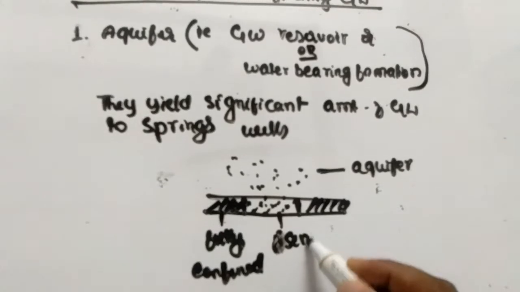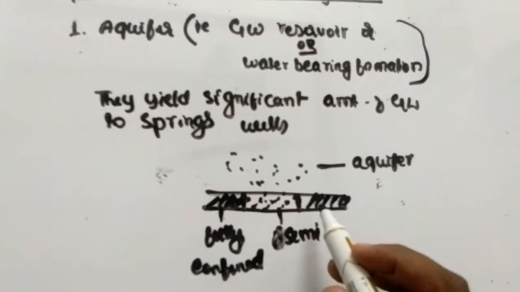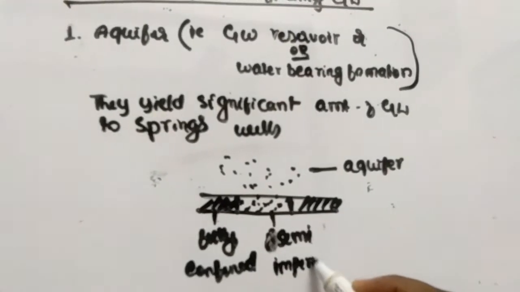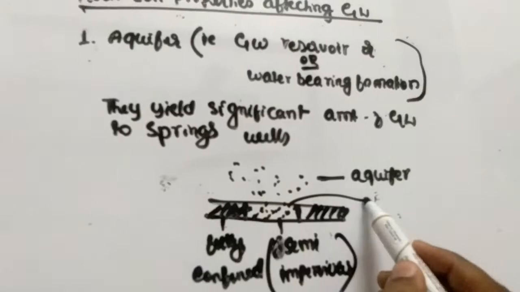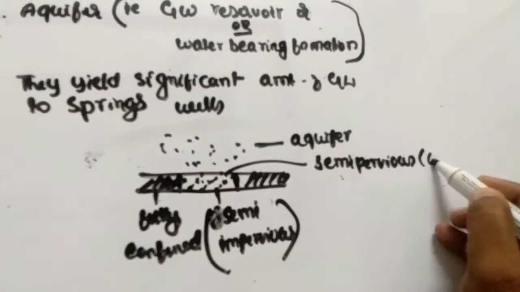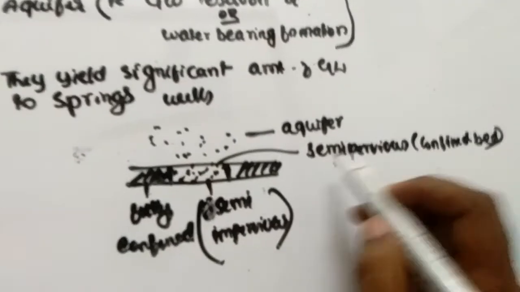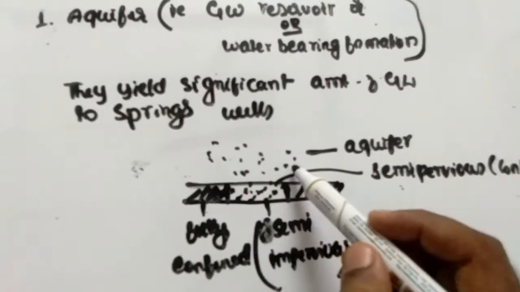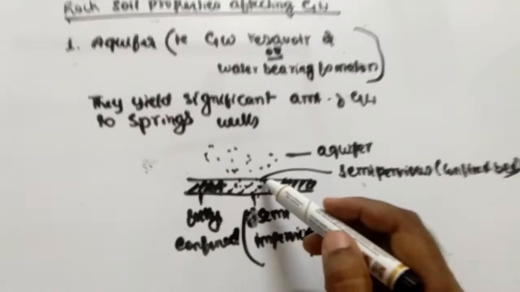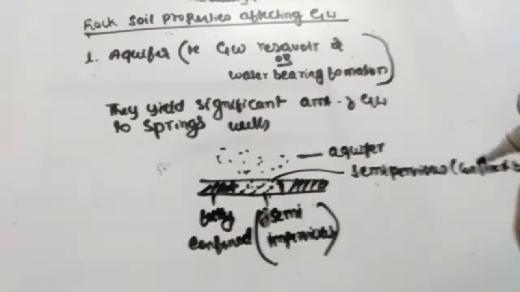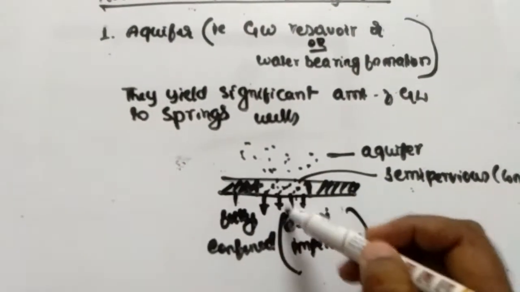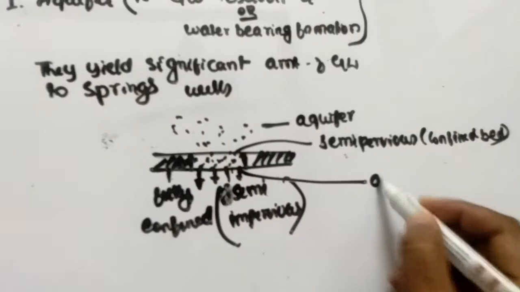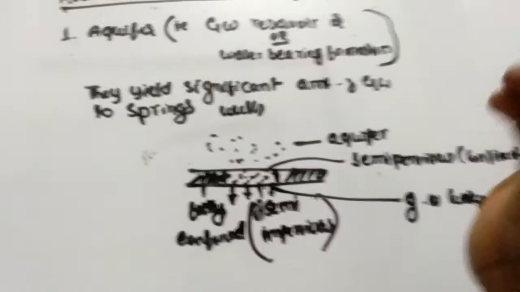Semi confined means semi pervious. When the confining layer is semi pervious, the groundwater leaks through it. This is called groundwater leakage.